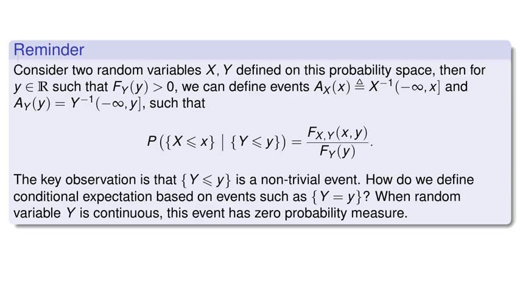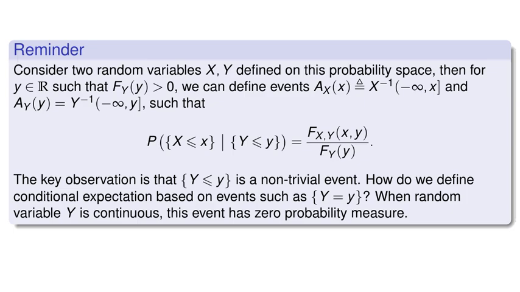This equals the joint distribution function F_XY(x, y) divided by the marginal distribution F_Y(y). The key here is that the event Y less than or equal to y is a non-trivial event.